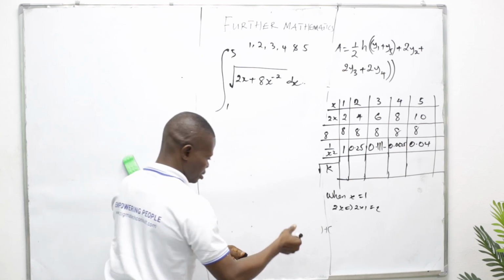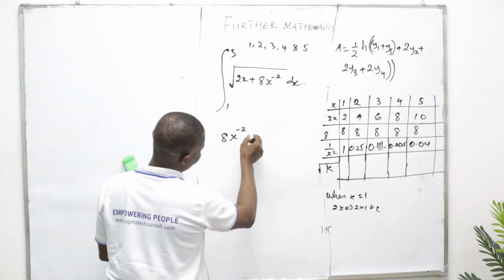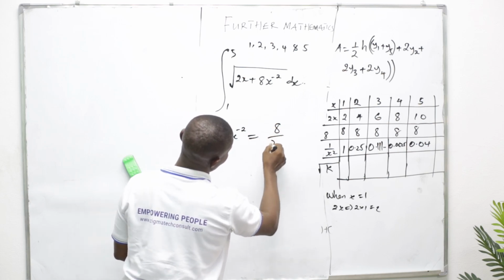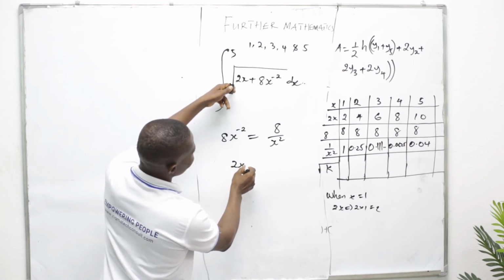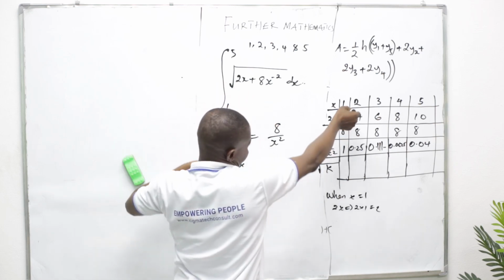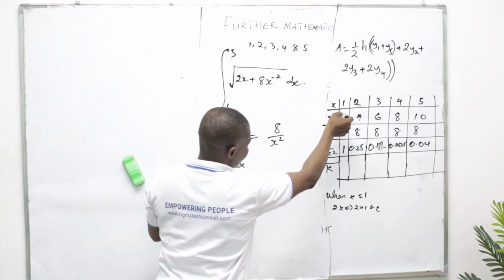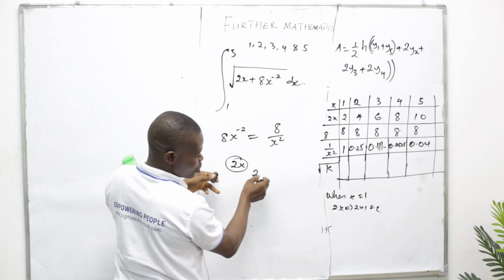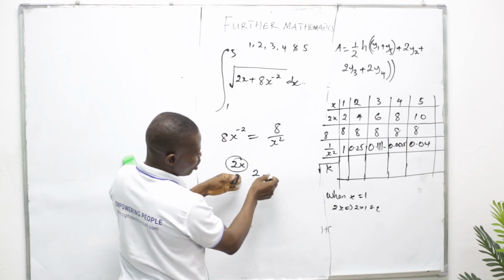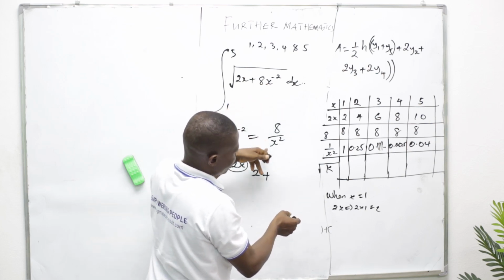Recall that 8s raised to the power of minus this is the same thing as saying 8 all over s squared. Okay? Now, 2s from here, the first column row is the value of this, what is it? 2. So I am seeing 2s as 2. So I'm doing 2, then plus this gentleman, s into which is being interpreted as this.